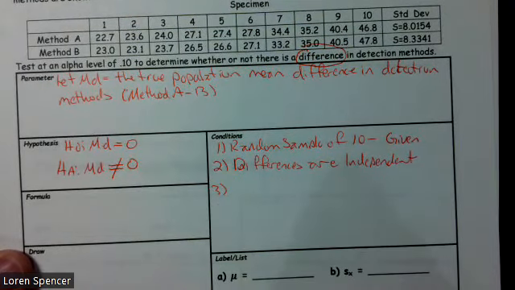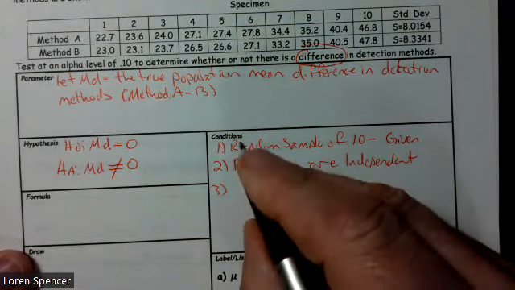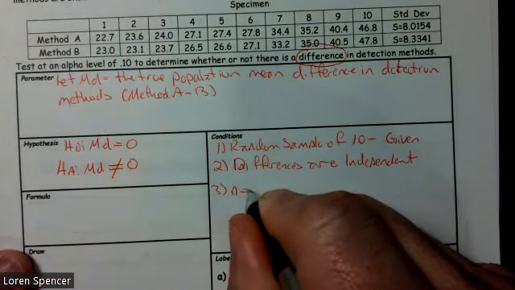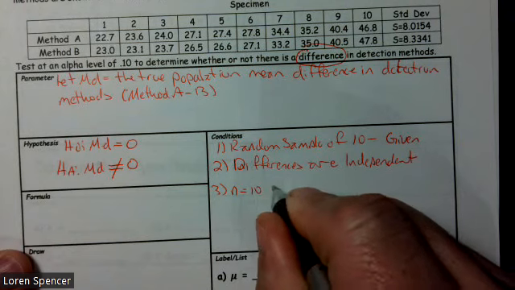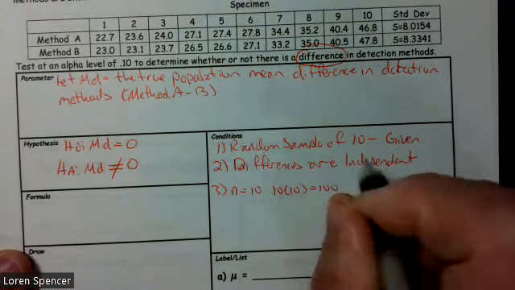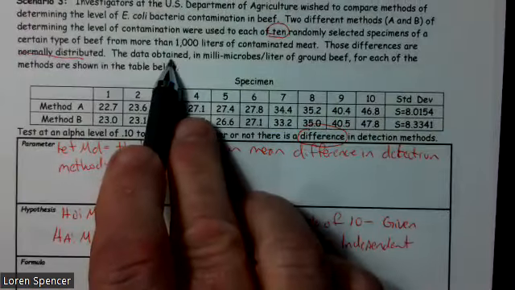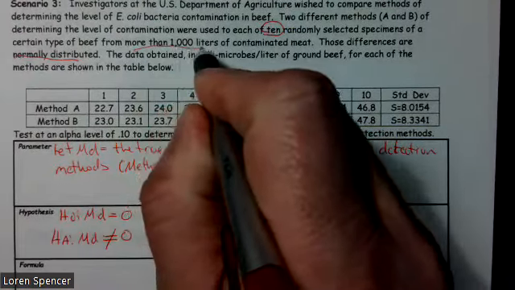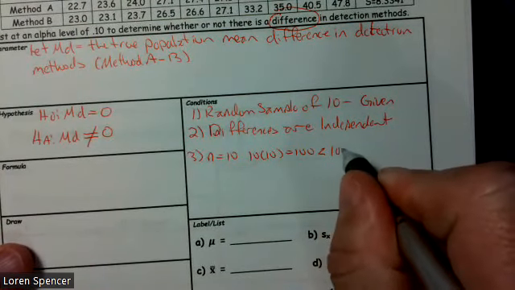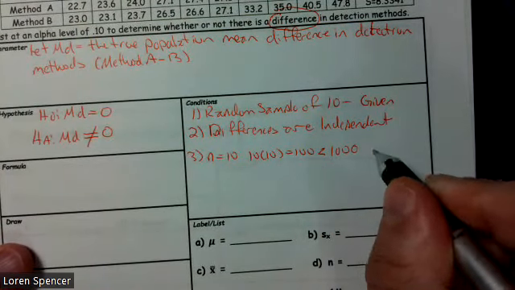Number three, we need to check that n is less than 10% of the population. In this case, our sample size is 10. We always have to multiply by 10, and that's 100. And up here, they told us that there was more than 1,000. So it looks like our population was about 1,000. So that's less than 1,000. So we've satisfied the 10% condition.